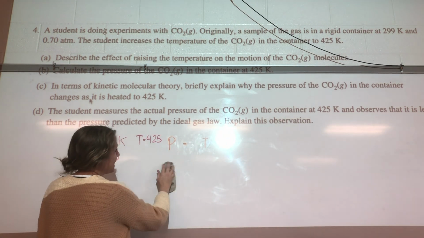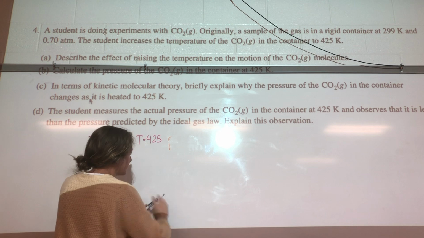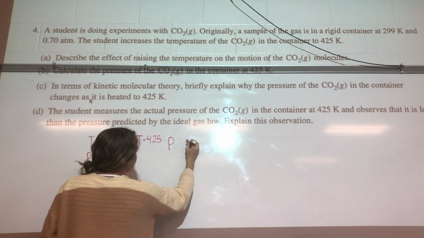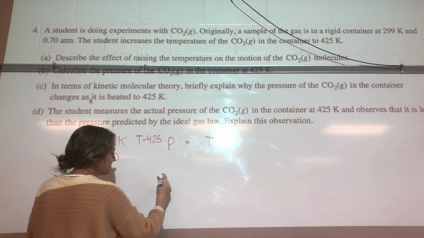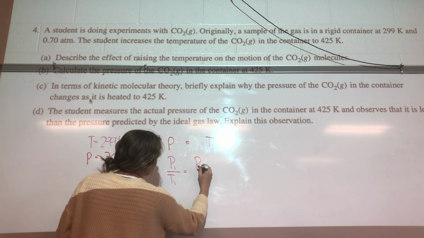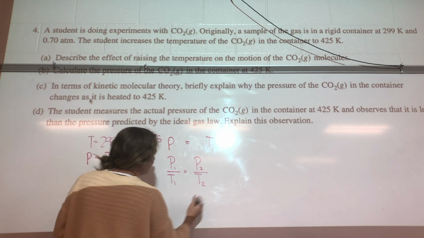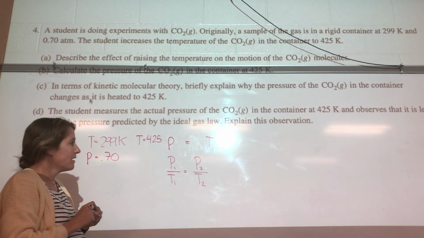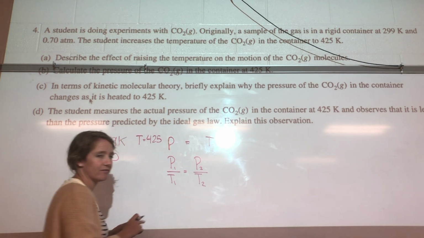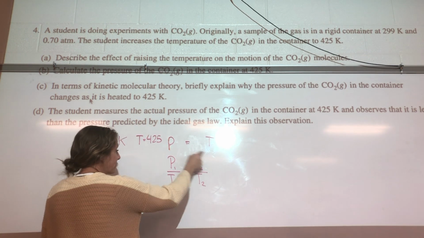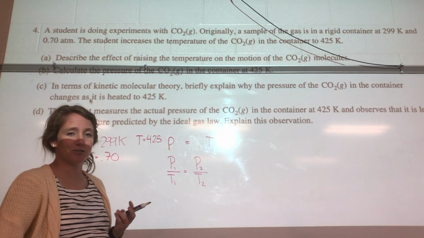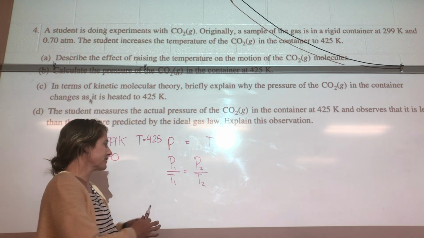So pressure is proportional to temperature is what this is saying. And so then we move it around, so we get P1 over T1 equals P2 over T2. Because that together will equal some constant value. Now once again, maybe you just want to write that down on your formula sheet since we can use it, and you can use whatever notes you want, so you don't have to figure that out yourself.